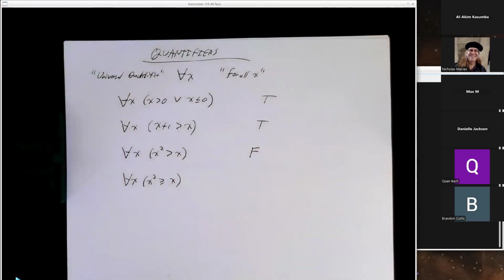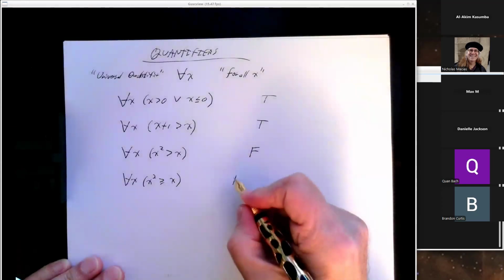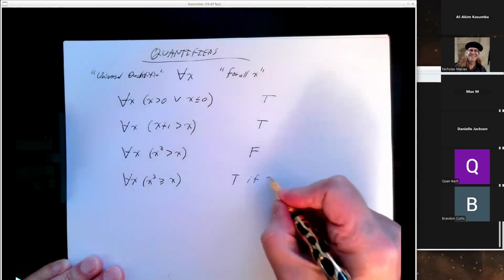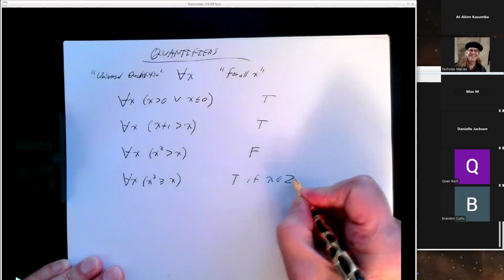So 0 squared is bigger than or equal to 0. 1 squared is bigger than or equal to 1. 2 squared is bigger than or equal to 2. Negative 1 squared is bigger than or equal to negative 1. So this is true, but only if x is an integer.